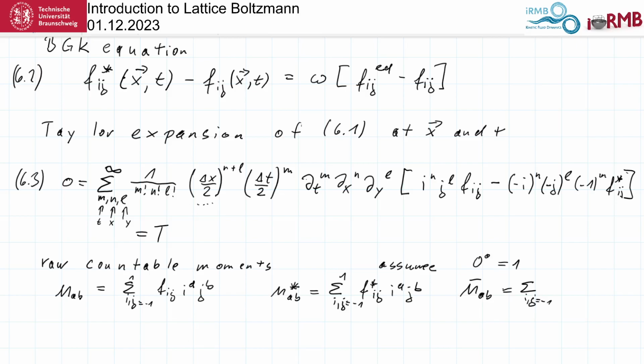Now I introduce the moments with the overbar, and the population with the overbar was the average between the pre and the post-collision state. So the average is like this, and then it goes into i by the power of a and j by the power of b. Now we have all the three of them also in moments: the pre-collision moment, the post-collision moment, and their average.